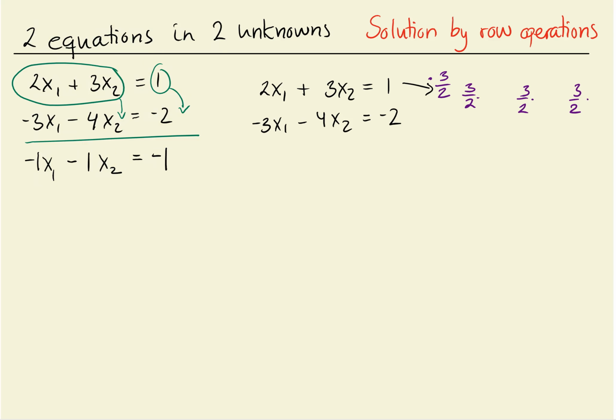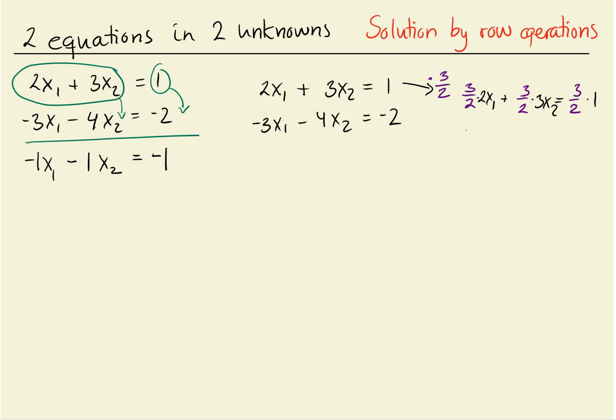That was the purple part, and then over here I get 2x1 plus 3x2 equals 1. So now I have multiplied in all terms on the left side and all terms on the right side. So this is completely mathematically legal.